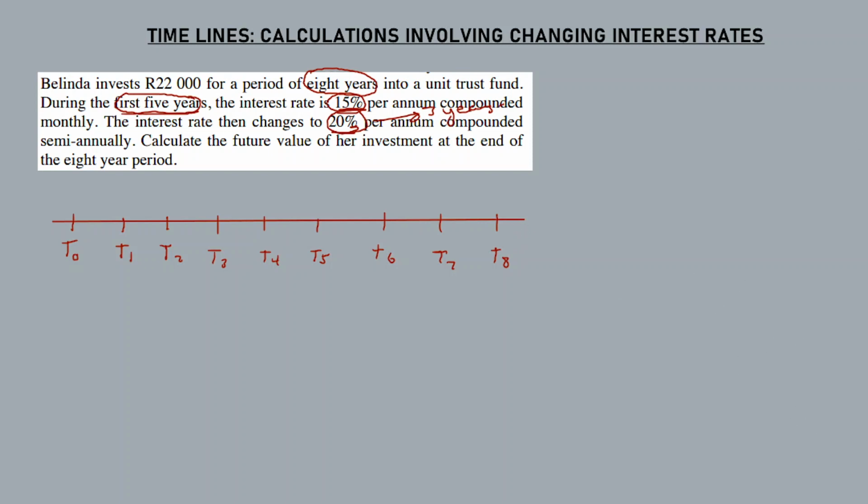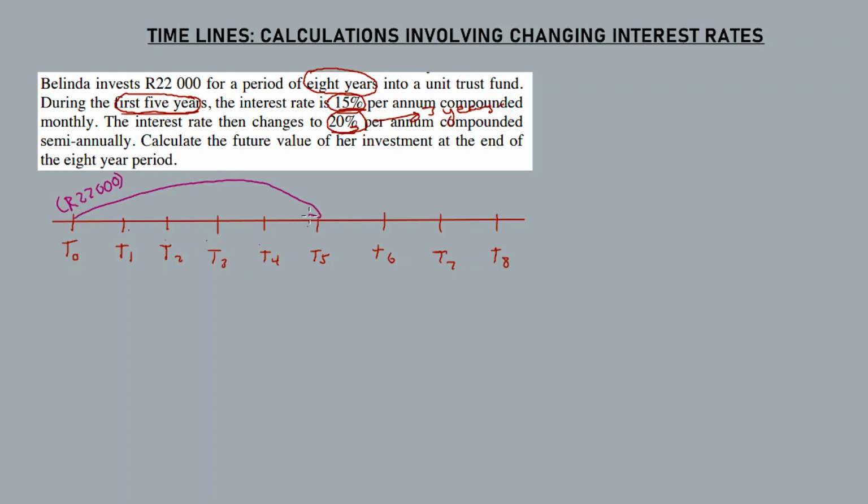Now let's track down le mali, ne? So lana I invested this much, 22,000 rand. Yayivalela kule bank, right? And then for the first 5, 1, 2, 3, 4, 5 years.